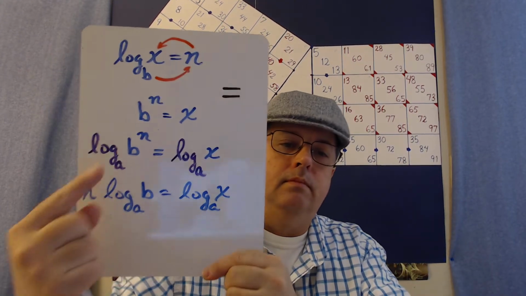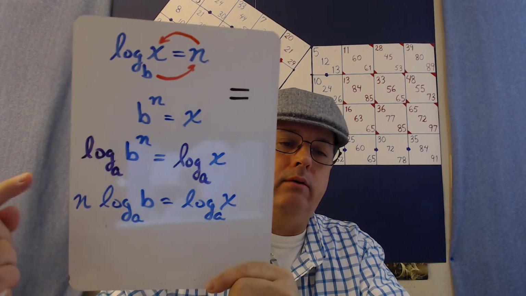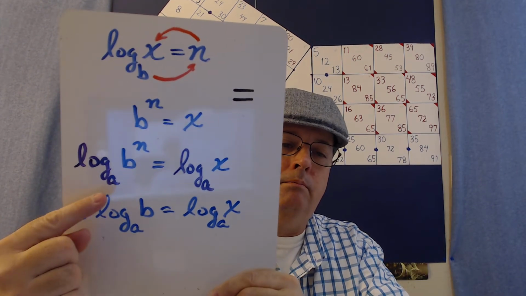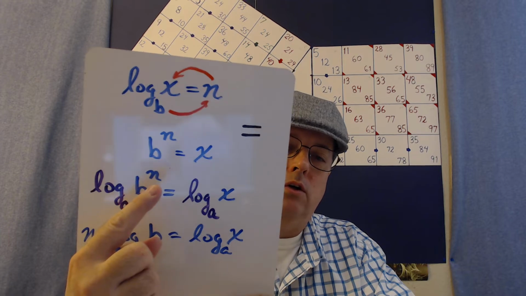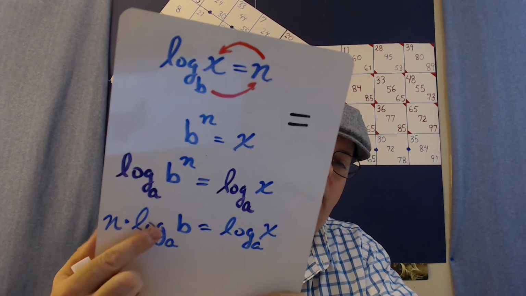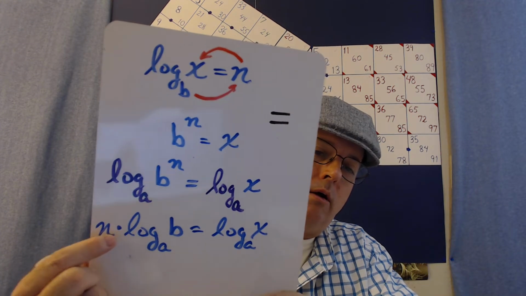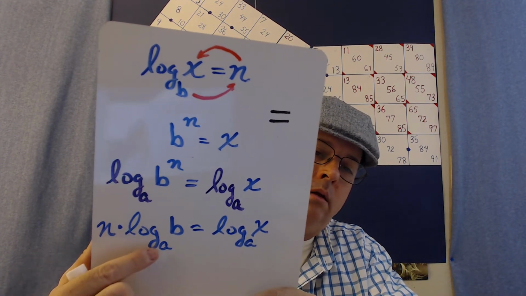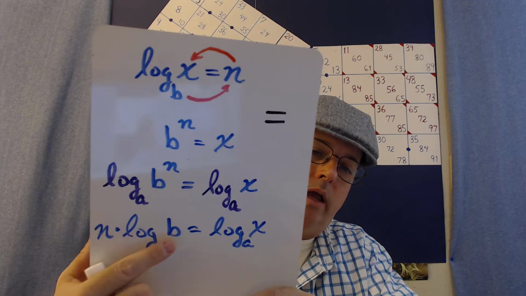The n can come down in front and be multiplied. We're going to put a little multiplication dot there. We have a power to a power, and that means we can multiply our powers: the power n times the log base a of b.